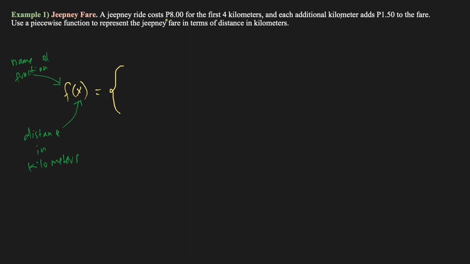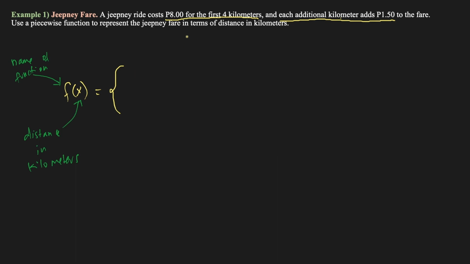Here we can see that 8 pesos for the first 4 kilometers is our first condition. Second condition is each additional kilometer adds 1 peso and 50 centavos to the fare. So we can write that here in the first line of our piecewise function, and the second condition, we can write as the second line in our piecewise function.